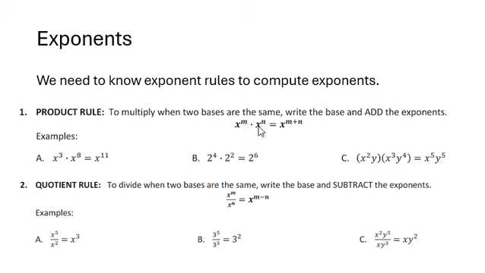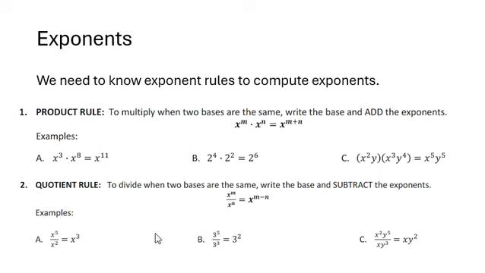For the product, all you have to do is add the exponents. For the division of your exponents, all you have to do is subtract the exponents. Here your base is x, your exponents are m and n, and you're dividing, so you just subtract n from m.